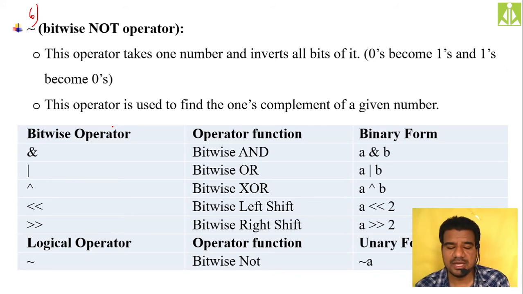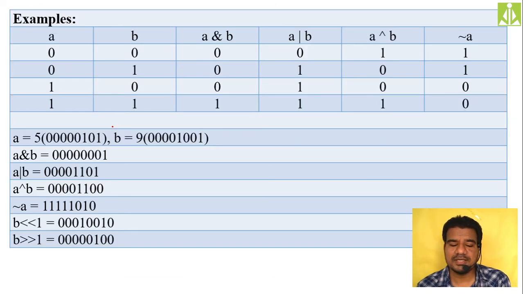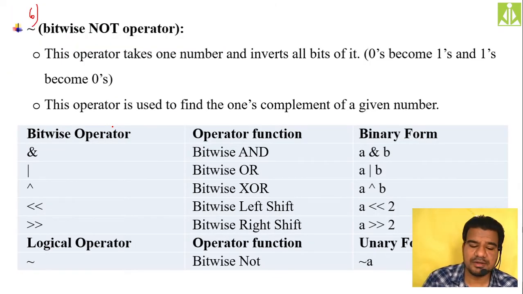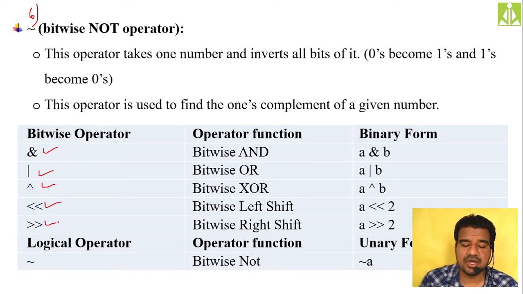So this is the summary of all the operations, how we have to use those operators in our C programming. As you can see, the first five, bitwise AND, bitwise OR, bitwise XOR, bitwise left shift, bitwise right shift, are binary operators. So they need binary form in order to use them in our C program. They need two operands basically to perform the operation.